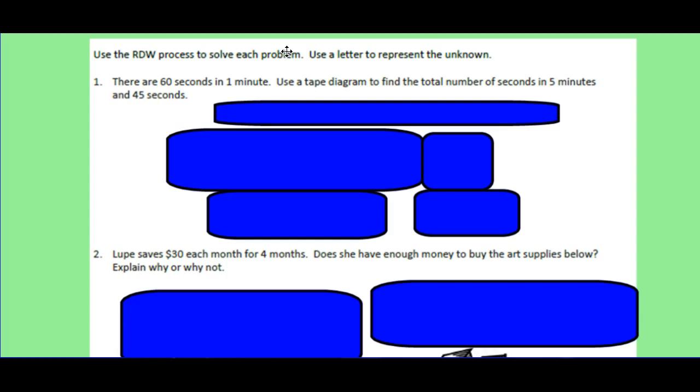These are going to involve more than one step, so let's make sure we read closely. So number 1 says there are 60 seconds in 1 minute. Use a tape diagram to find the total number of seconds in 5 minutes and 45 seconds.